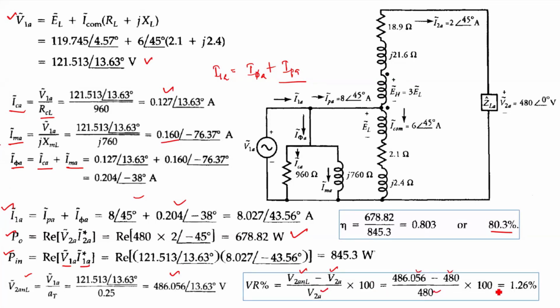That gave me 1.26%. So your voltage regulation is very good, but your efficiency is decreasing because of the copper loss in the common winding, right? We have seen the efficiency is decreasing because of the more copper loss.